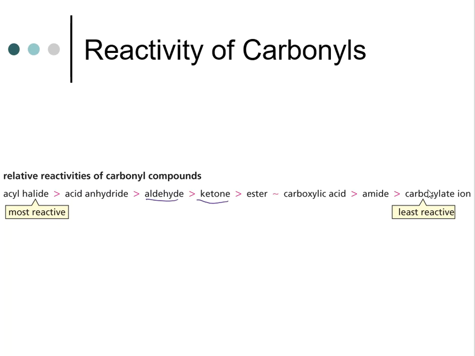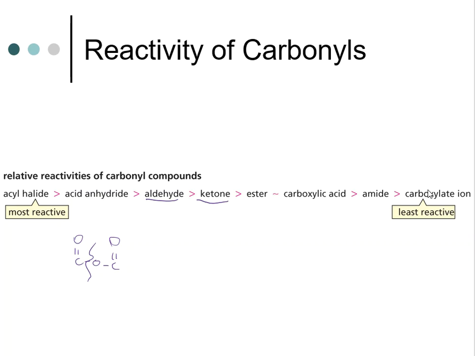So here is a summary of all of the functional groups that we've talked about in type 1 and type 2, and where aldehydes and ketones fit into that picture. Acyl halides, as expected, are the most reactive. The acid anhydride comes in next, and remember, that is the group that looked like this.